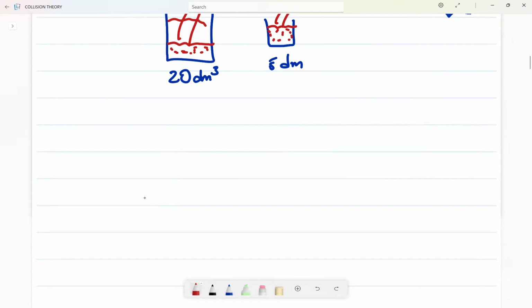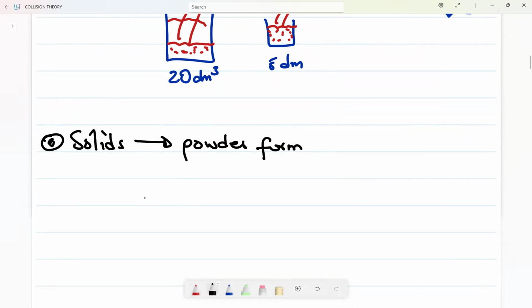If we're talking about solids, remember, what do they do? We want to use a powder form over a granule or a ribbon.